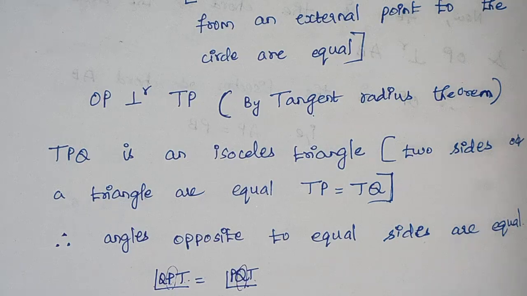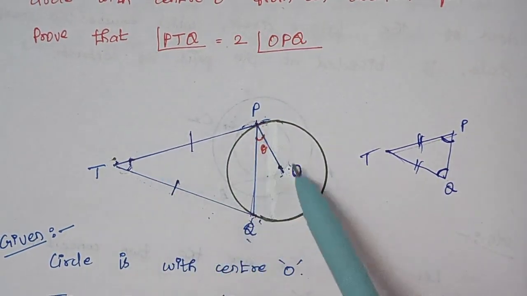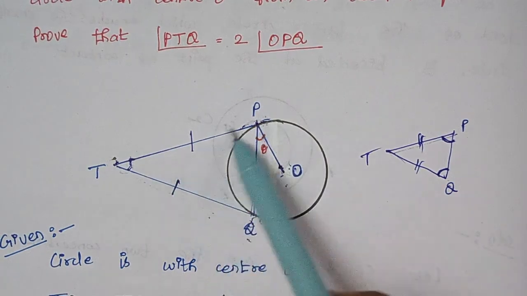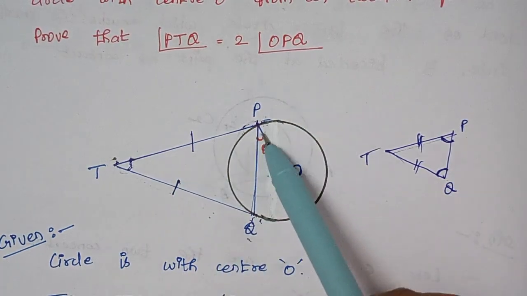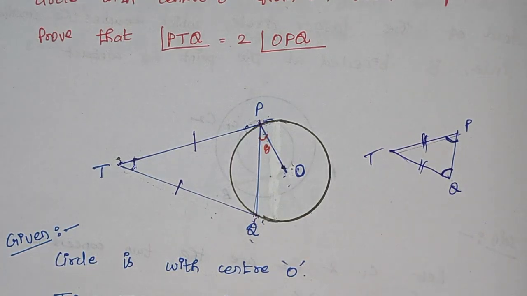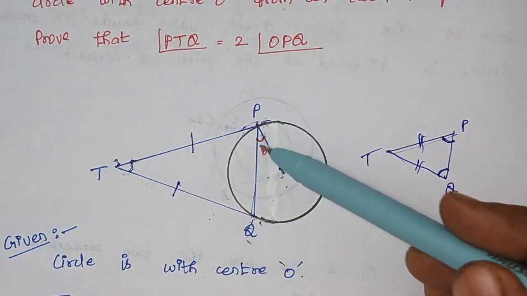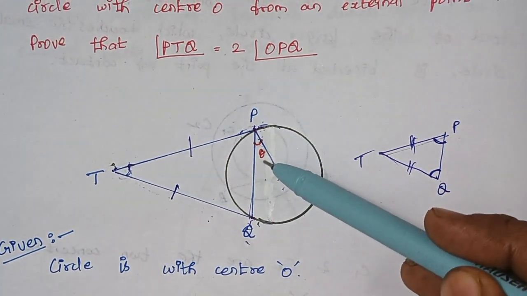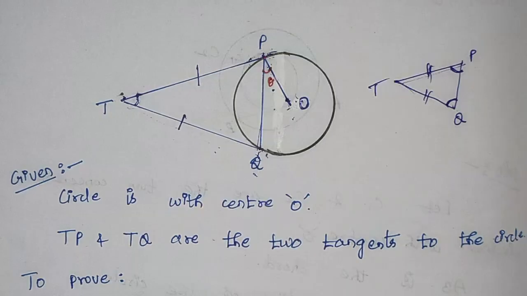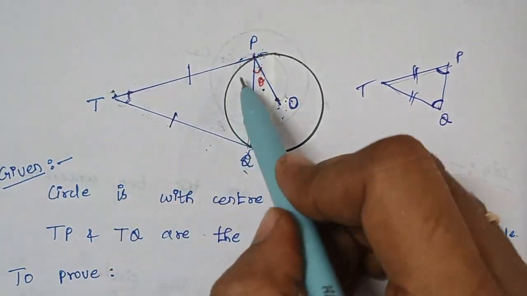So in this theorem 1, you see angle OPT is 90 degrees because this is the radius and this is the tangent and they are perpendicular to each other. So angle OPT is 90 degrees and angle OPQ, we are assuming it as theta, right? So observe carefully, OPT, okay?